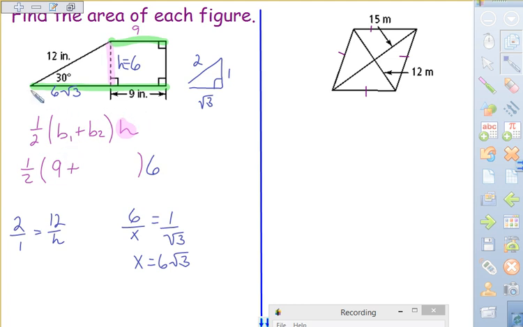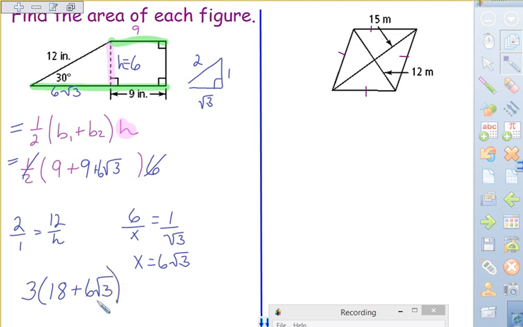So this long green base is 9 plus 6 roots of 3. So I'm going to write it like that, just so we can simplify some things. So half of 6 is 3. And I get 18 plus 6 roots of 3.